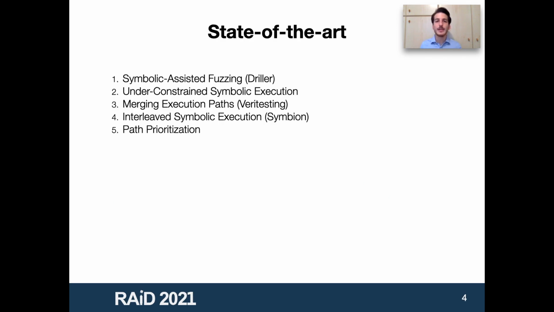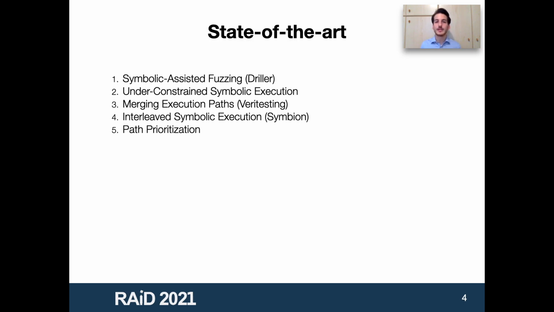There have been many attempts to mitigate the problem of path explosion. For example, symbolic-assisted fuzzing combines fuzzing and symbolic execution, using the symbolic execution engine to reason on the blocking branch conditions only when the fuzzer component gets stuck.